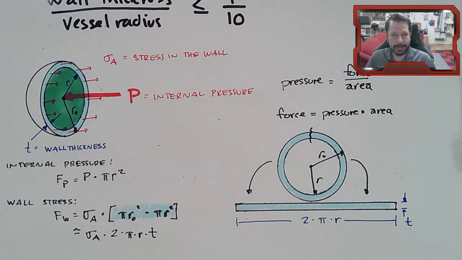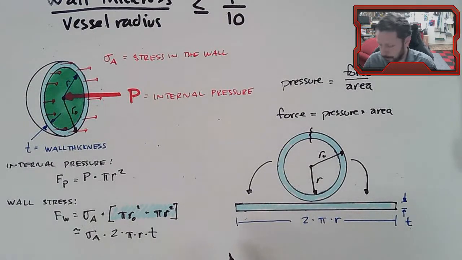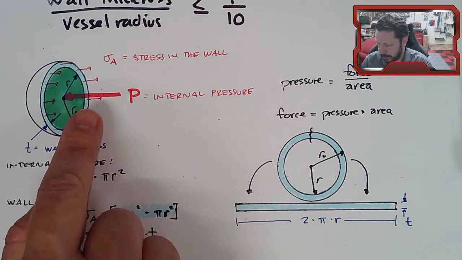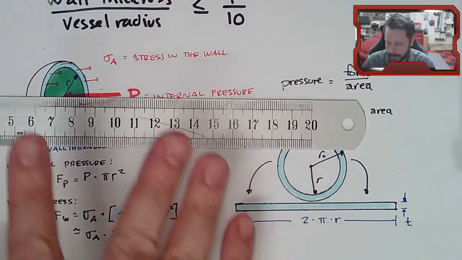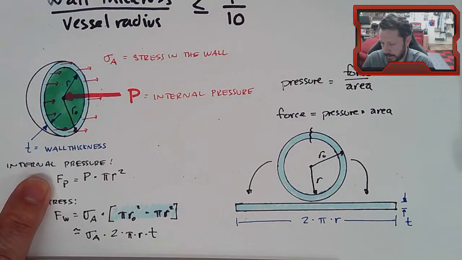All right, and as long as we stick with the thin wall idea, then this is okay because this area is really close to this area when it's a thin wall. Now what I want to do is, the way I drew these is I drew them all horizontal, in what you might call the x direction. And now I have forces in the x direction.